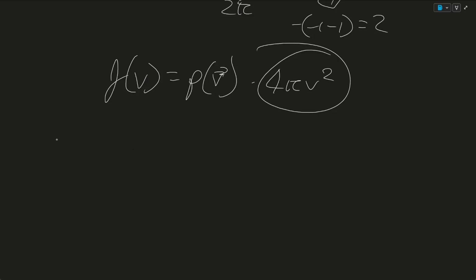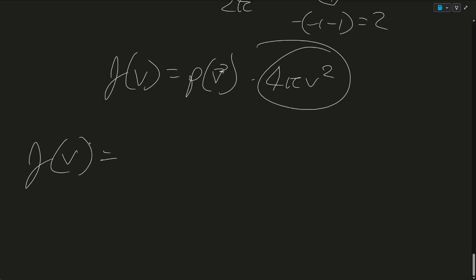Anyway, subbing that back in gives that f of v is that times 4 pi v squared. So we can put it in its final form, 4 pi v squared, m over 2 pi kbt, that should be a b, not a beta.